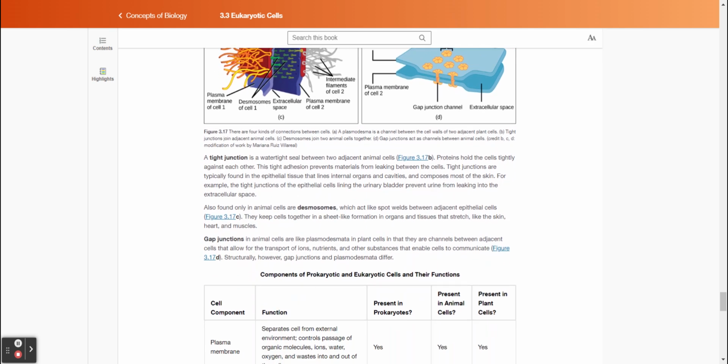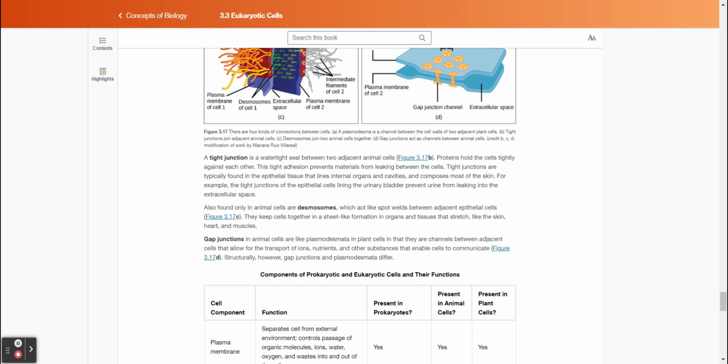A tight junction is a watertight seal between two adjacent animal cells. Proteins hold the cells tightly against each other. The tight adhesion prevents materials from leaking between the cells. Tight junctions are typically found in the epithelial tissue that lines internal organs and cavities and composes most of the skin.